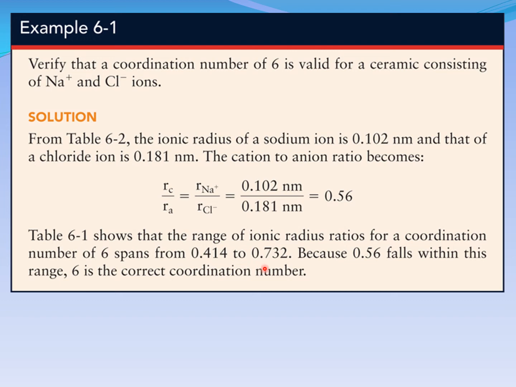If you go back to the table for coordination number 6, your value is between them, so this is okay. If it was smaller than this, then it will not be stable. If it was larger than this, then it will not be 6, it would be something else, right? So you find the radius ratio of the 2 types of ions, and from the table you can find out which type of coordination number it is and if it is stable and so on.